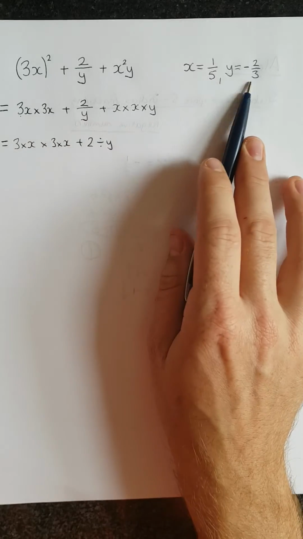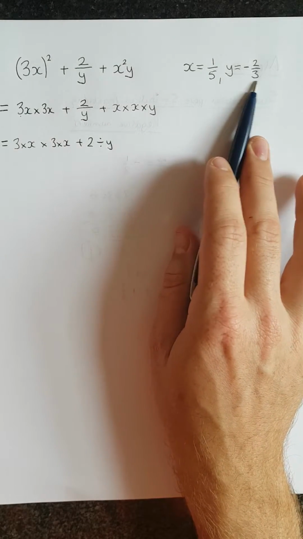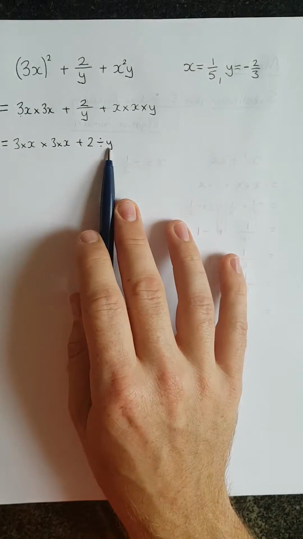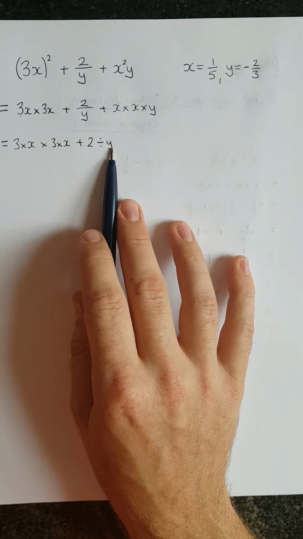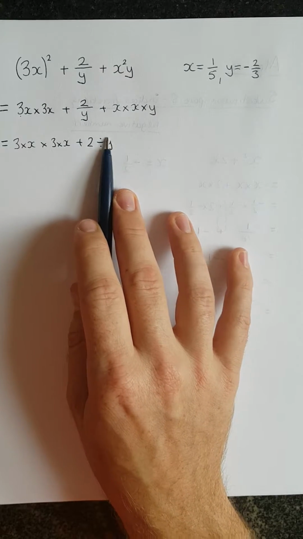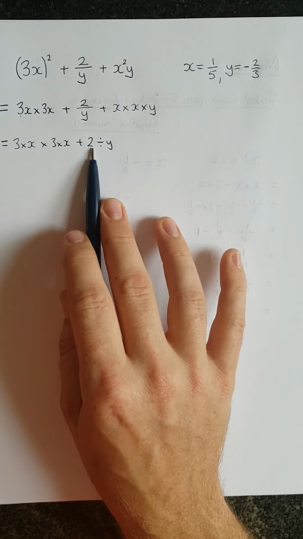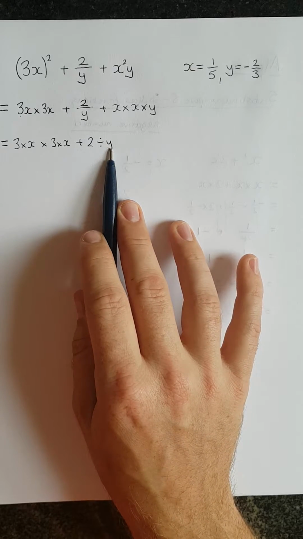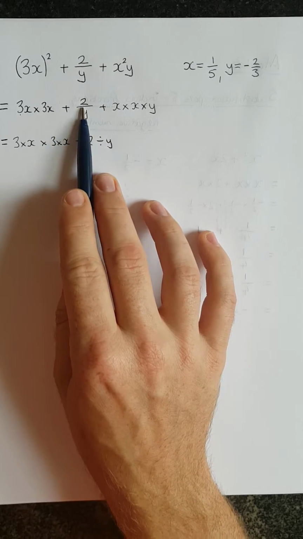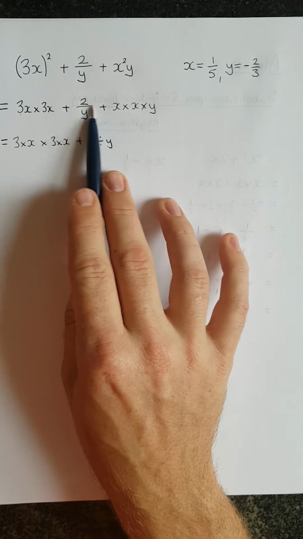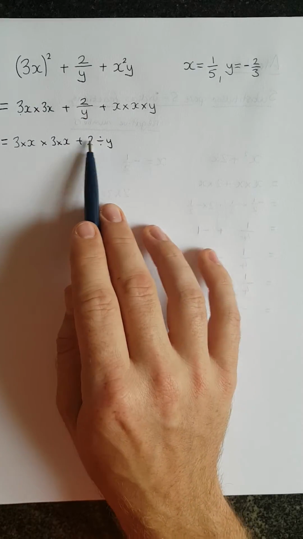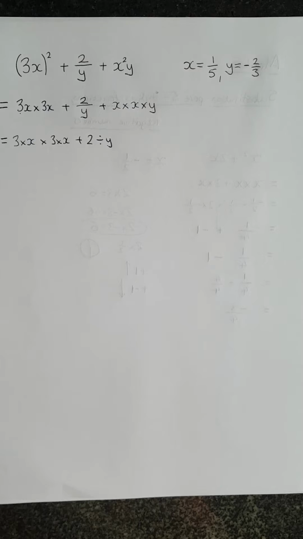Can you think of why? Y is a fraction, and this is where we would write the dividing by a fraction. So whilst we like to leave fractions written as a horizontal line, when we're dividing by a fraction, we will write this symbol.